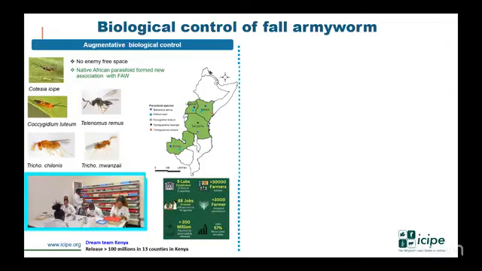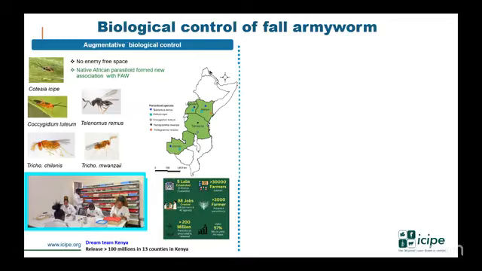Then, having established all these parameters, we went ahead and did augmentative releases for several of these parasitoids, the larval parasitoid and the egg parasitoid, under different initiatives. One was a project led by ICIPE, another an EU, European Union, funded project.